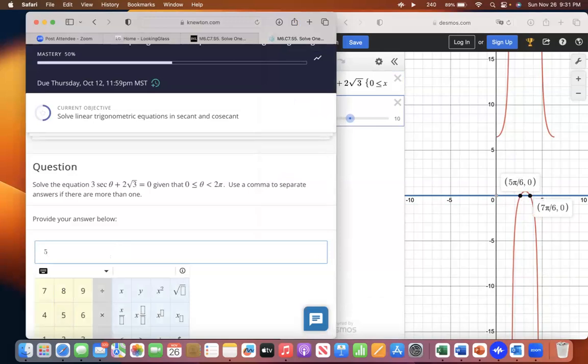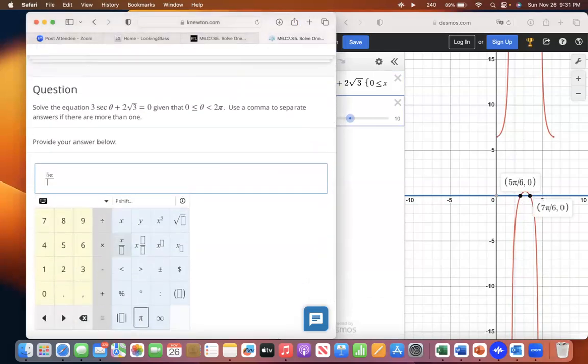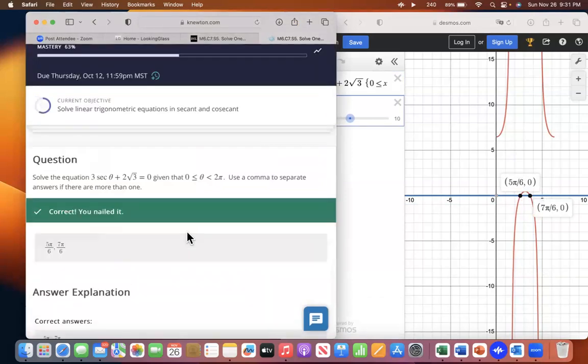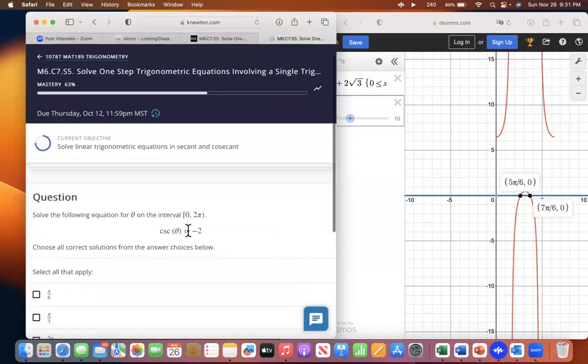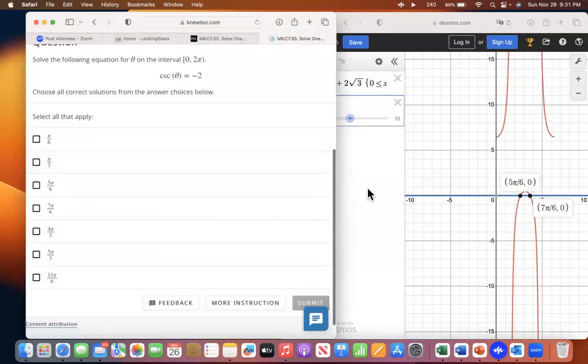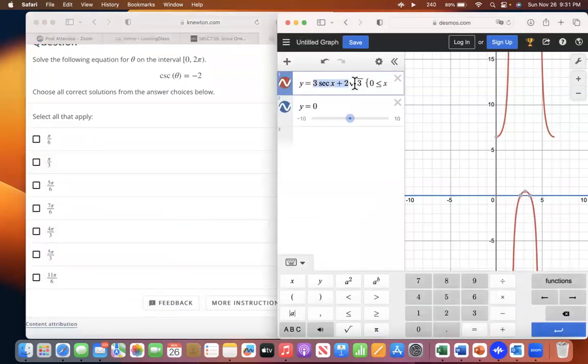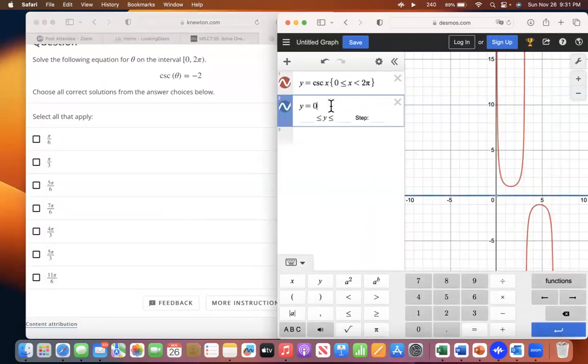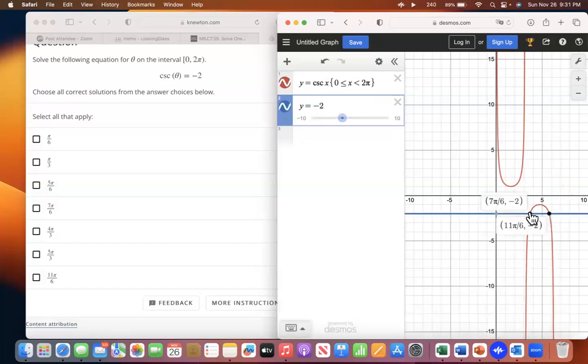7 pi over 6. Was that right? It looks good.